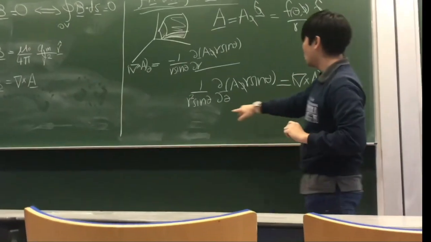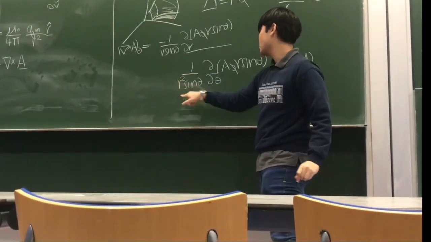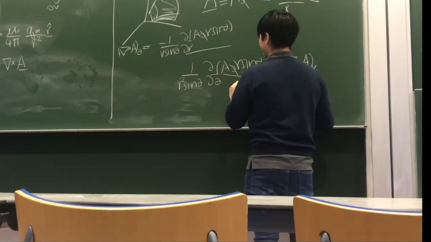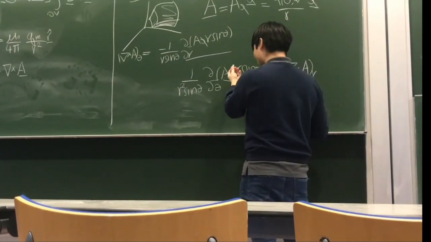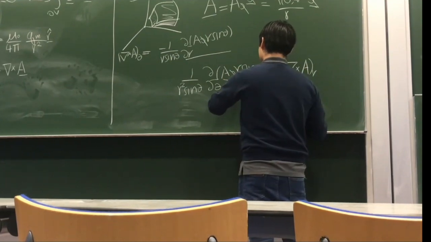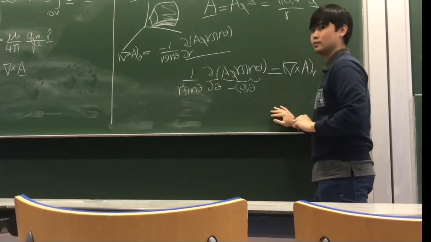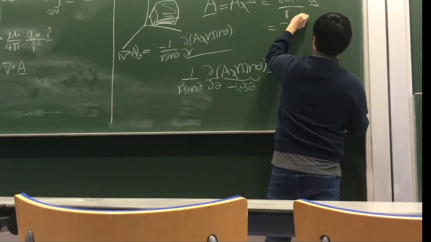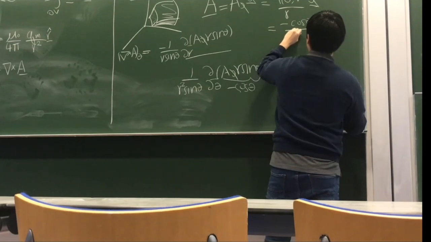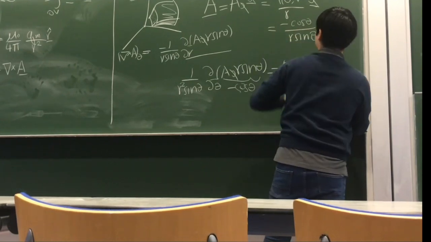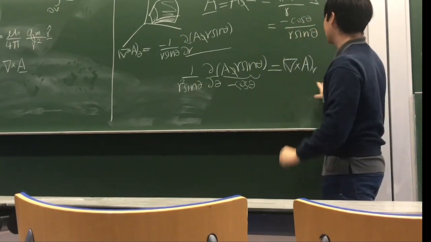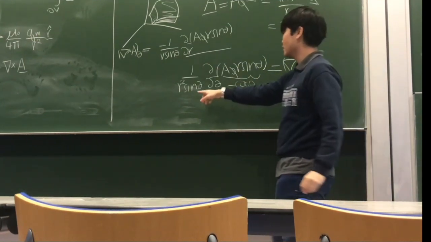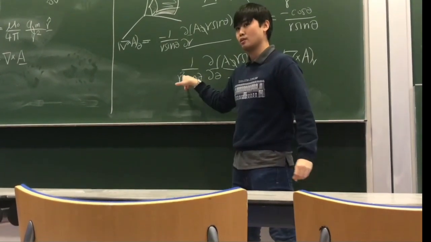And then we see that if we want to get the inverse r squared here, we just want this thing to be minus cos theta, right? Which means that this is minus cos theta over r sine theta. And then you see that when you take the curl, it will give you the r component which has the inverse r squared law.